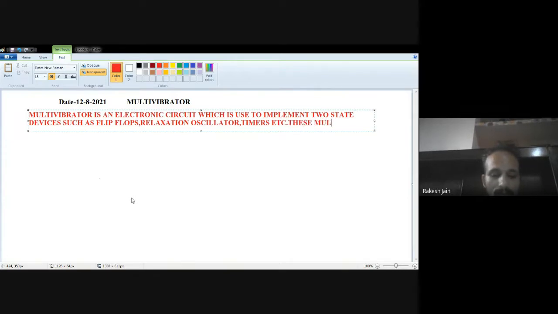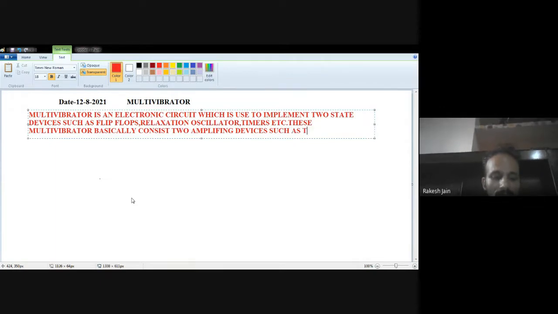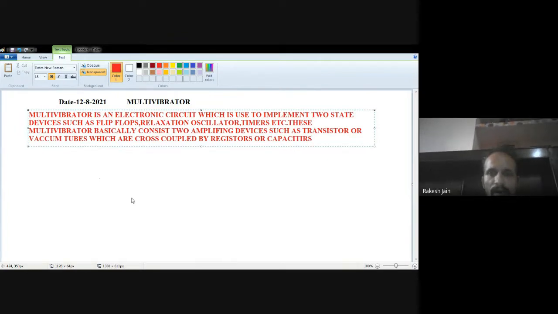These multivibrators basically consist of two amplifying devices, maybe transistors or vacuum tubes, which are cross coupled by resistors or capacitors.